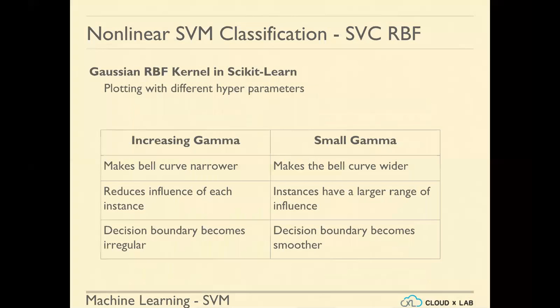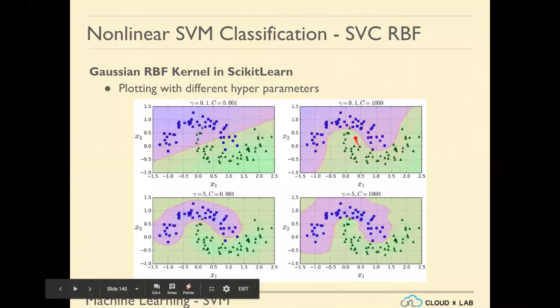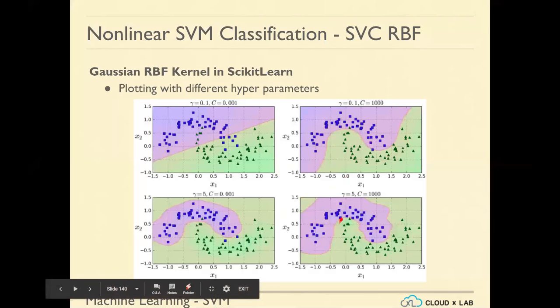Also with increasing the gamma, the decision boundary, you can see here, has become irregular. Instead of being smoother, earlier it was quite smooth, now it's kind of deviating.